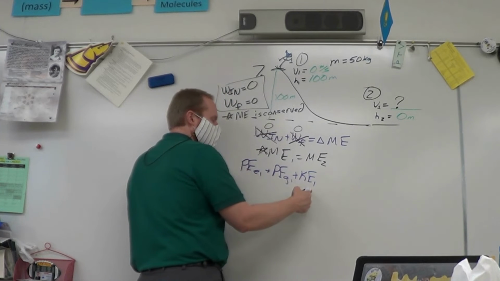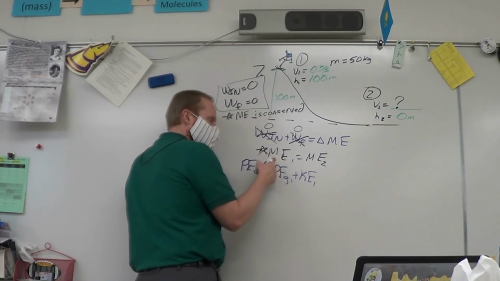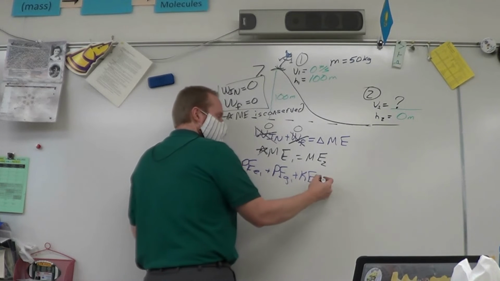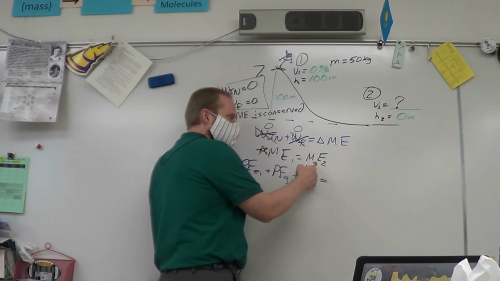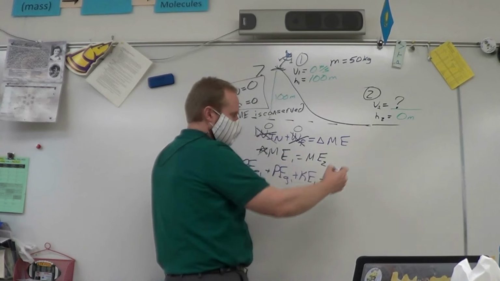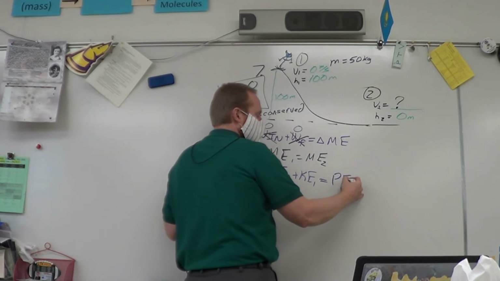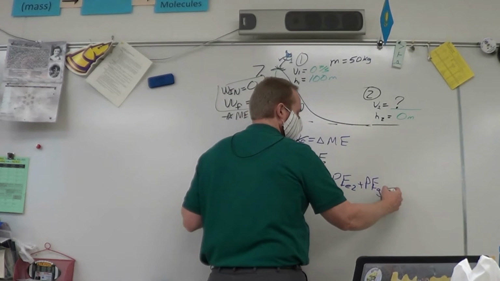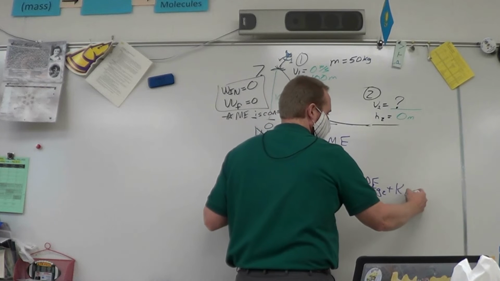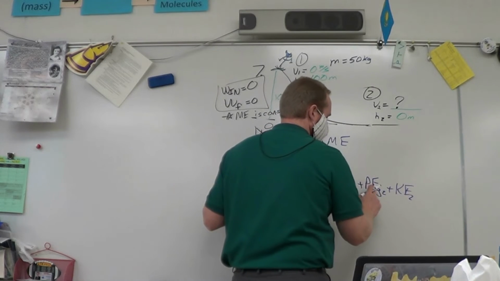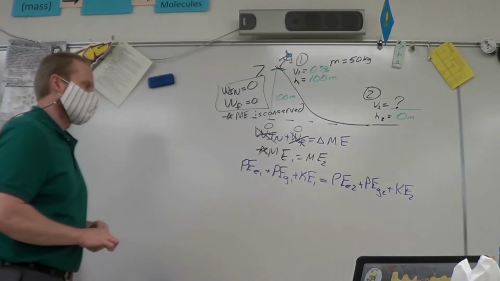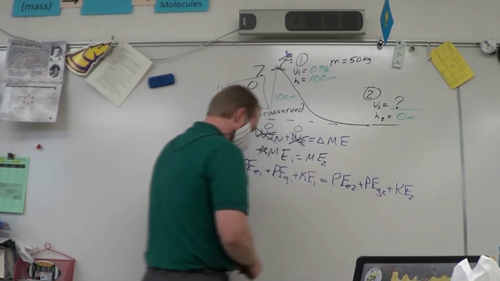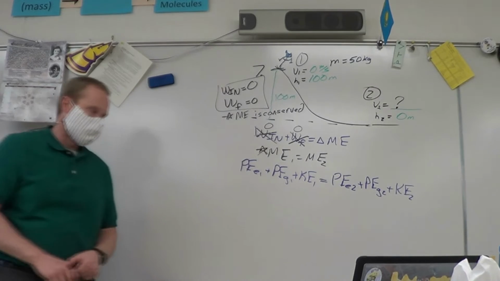Those three things added together gives us ME1. And ME1 is equal to ME2, which is simply PEE2 plus PEG2 plus KE2. Mechanical energy is what we get when we add these three values together.